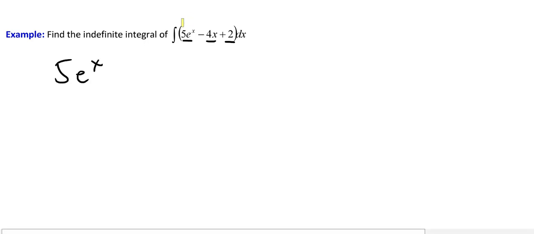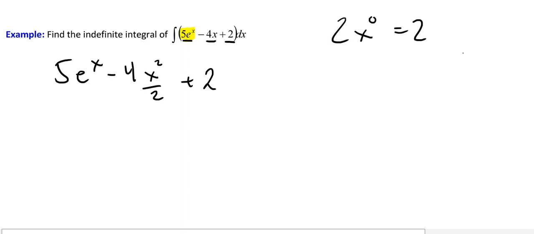And then we have minus 4x squared over 2 is the antiderivative of the second term, plus 2. And again, 2 is really like 2x to the 0, but we would just write that as 2. That becomes 2x plus c. So cleaning this up a little bit, I would have 5 e to the x minus 2x squared plus 2x plus c.